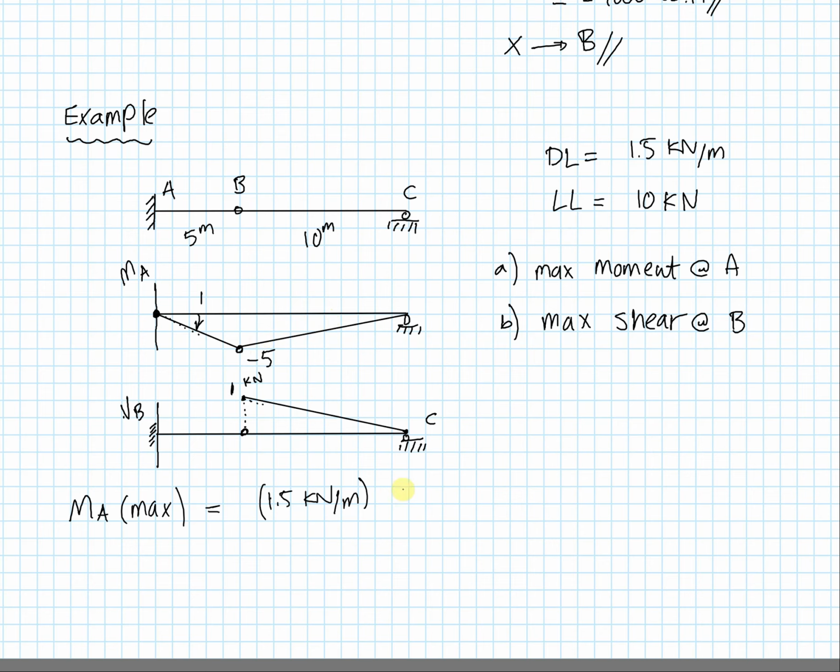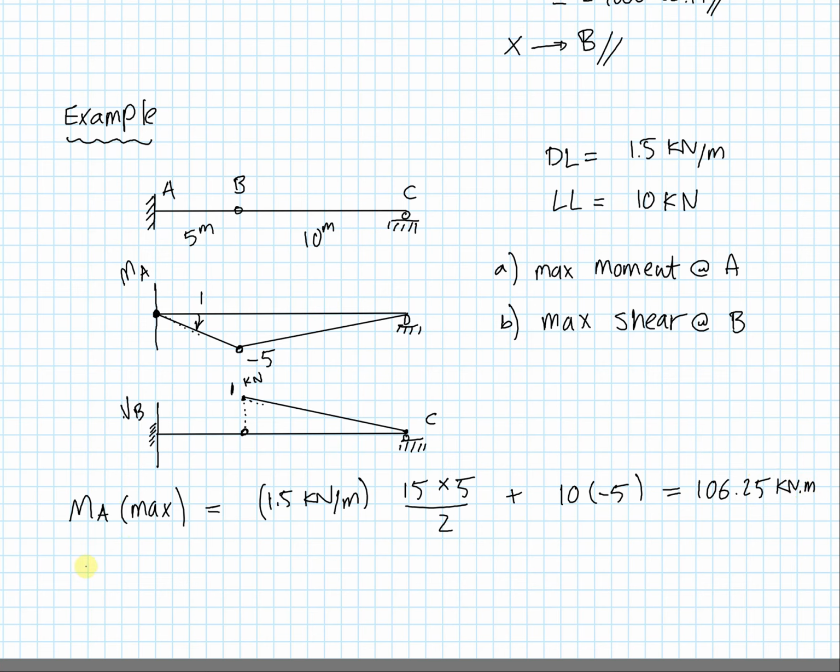And the area is 15 times 5 divided by 2. And then I also have 10. 10 will be the live load, it's a point load. I'll apply it at the position of -5, because that's the maximum value for the point load. And so when I do this math, I should be getting 106.25 kilonewton meters.